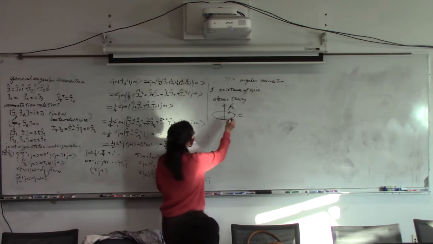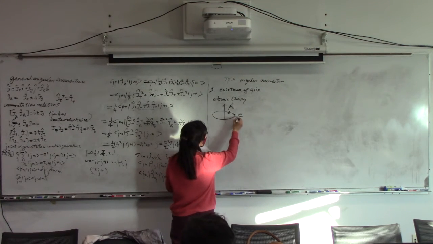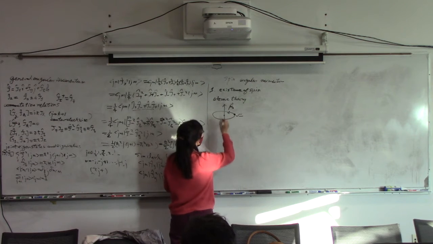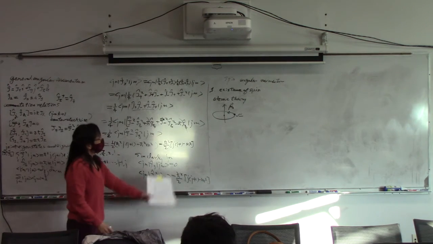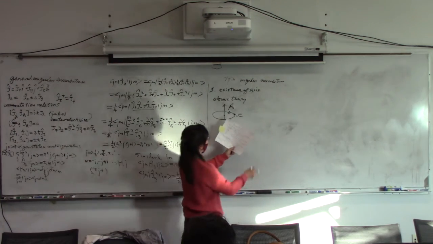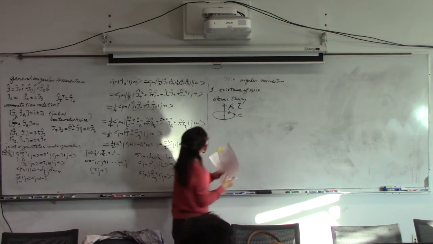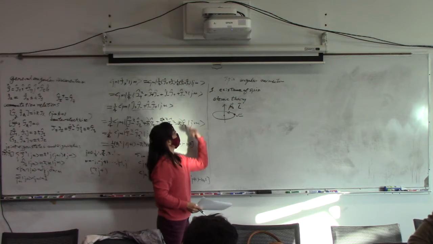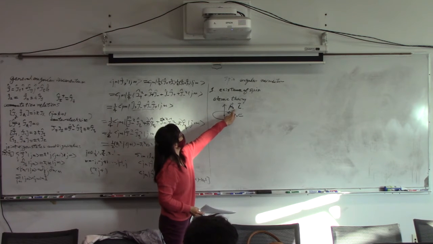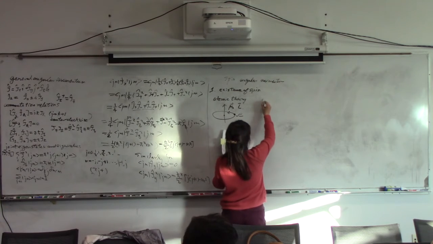So if we have a negative charge or electron moving around an orbit in the center of the nucleus, then we know it will have angular momentum. The electron also has angular momentum when it moves around that circle. So there is angular momentum, and angular momentum will generate the magnetic moment.